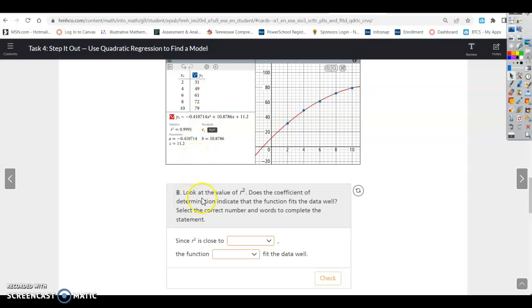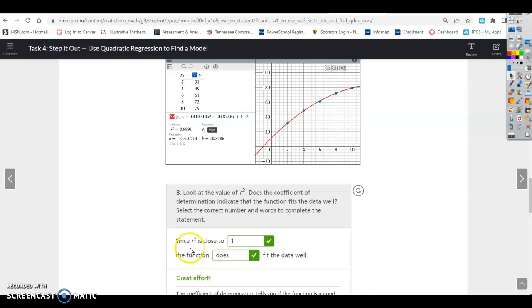All right, so it says look at the value of R2. Does the coefficient of determination indicate that the function fits the data well? Select the correct number and words to complete the statement. Since R2 is close to 1, the function does fit the data.